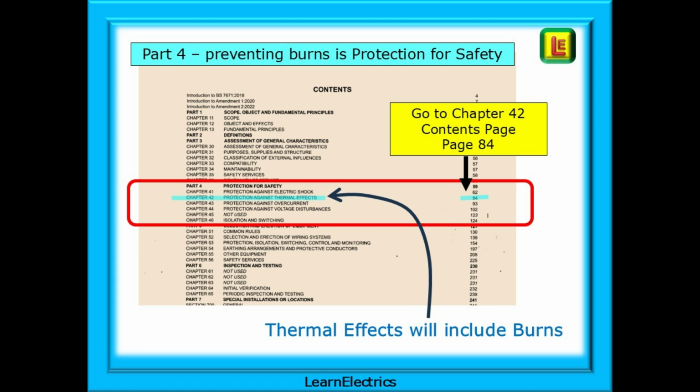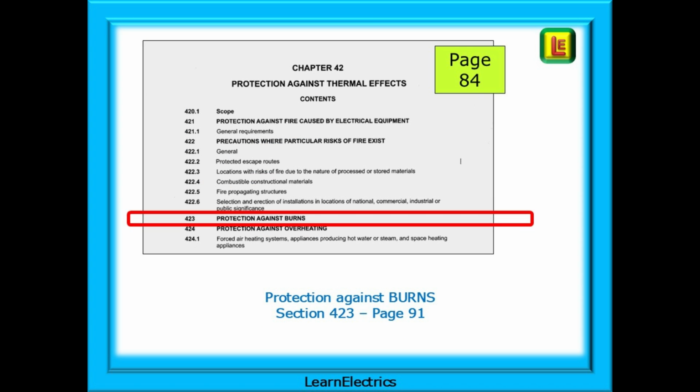Scanning horizontally along the line to the right hand side, we are directed to page 84. Here on page 84 we have the chapter 42 contents page with lots more detail. Look down the page and find section 423, protection against burns. Now we can go to section 423 on page 91 to find the answer.